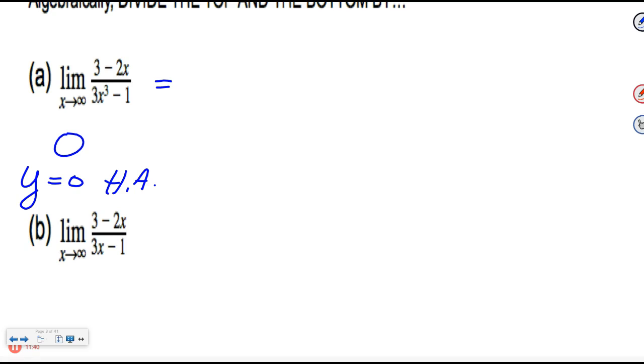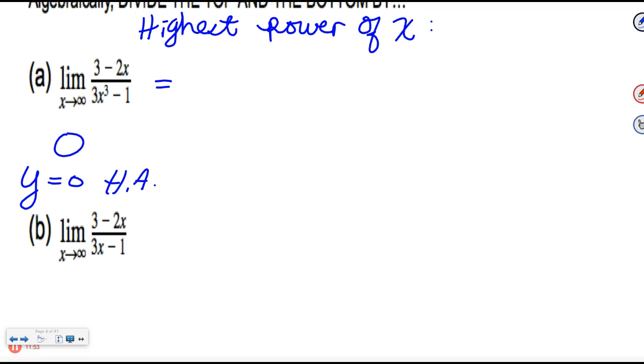They would say you divide the top and the bottom by the highest power of x, but really what I mean is x to the highest power you see. That would be worded better in a college text, but I can't figure out the best way to word it. They wouldn't call it x to the HP, but we're going to find the highest power.